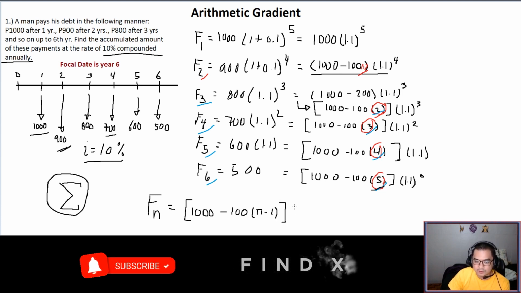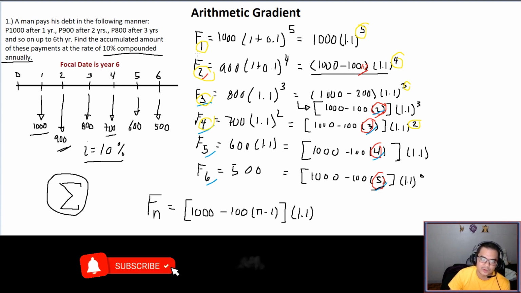n minus 1 times 1.1 raised to what? As you can see, if this is 1, this is 5. If this is 2, this is 4. If this is 3, this is also 3. If this is 4, this is 2. As you can see, the sum of these two, that's 1 and 5, is 6. 2 plus 4 is 6. 3 plus 3 is 6. 4 plus 2 is 6.